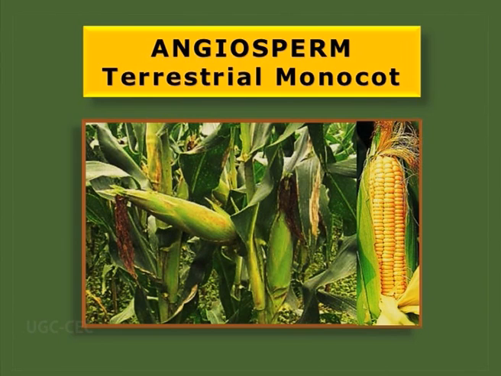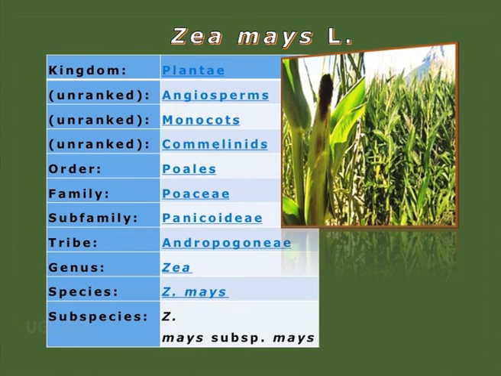Now we are coming to the angiosperms. Angiosperms can be divided into terrestrial monocots and aquatic monocots. To start with are terrestrial monocots. The first name that strikes our mind is maize, and it belongs to the order Poales, family Poaceae, and genus Zea.